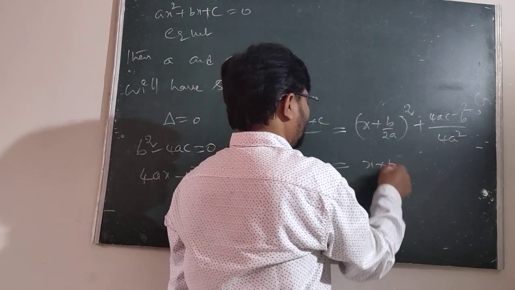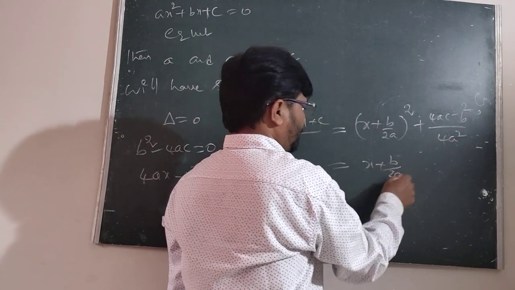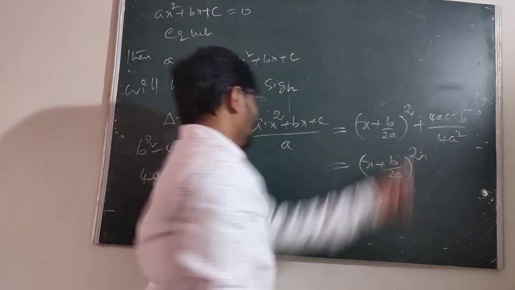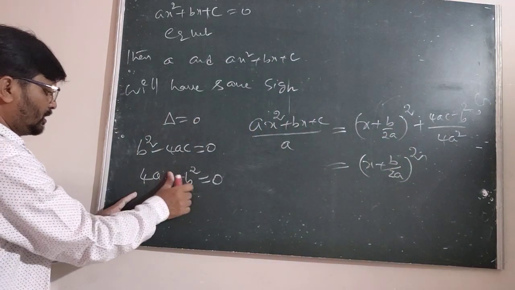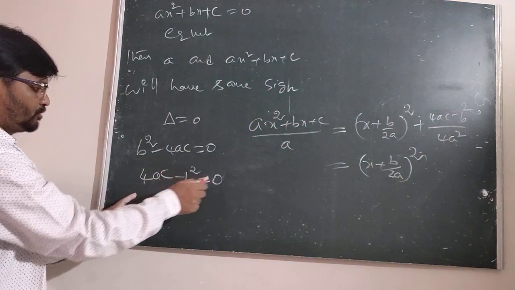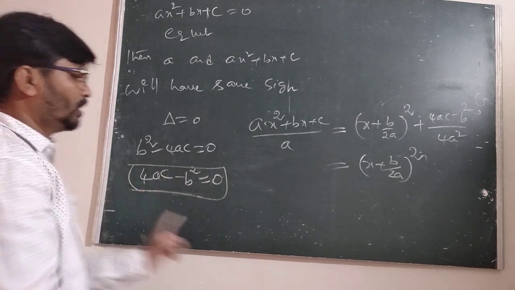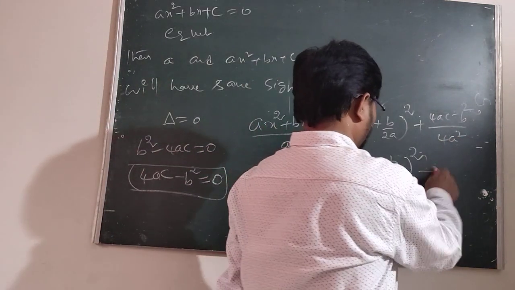The value of 4ac minus b square is in this case 0, and 0 divided by this value is 0.